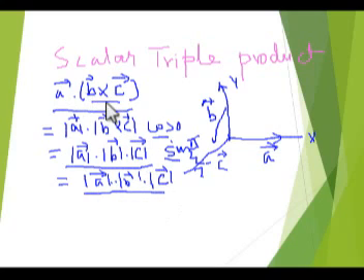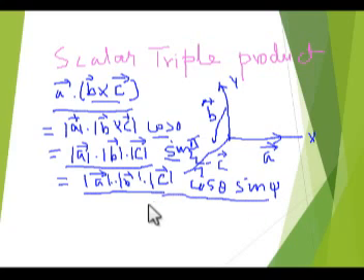If the vectors are not perpendicular, then we have cos theta and sin theta also. The general form will be cos theta, where theta is the angle between the A vector and the product of B and C vectors, and sin theta will be the angle between the B vector and the C vector.